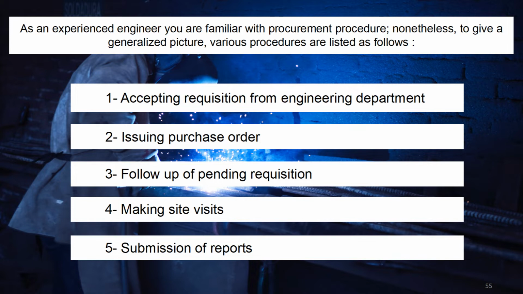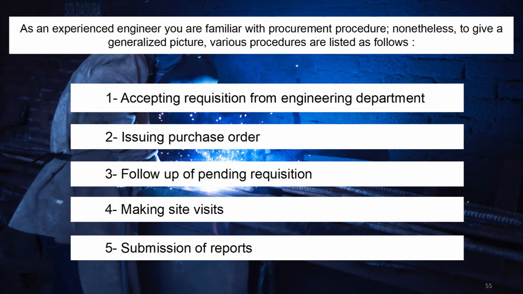Second procedure is to issue the purchase order. Purchase order is issued on the basis of requisition. Then follow up the pending requisition. Only issuing the purchase order is not the only solution. If some earlier requisition has come, then it is the duty of the procurement department to follow up.